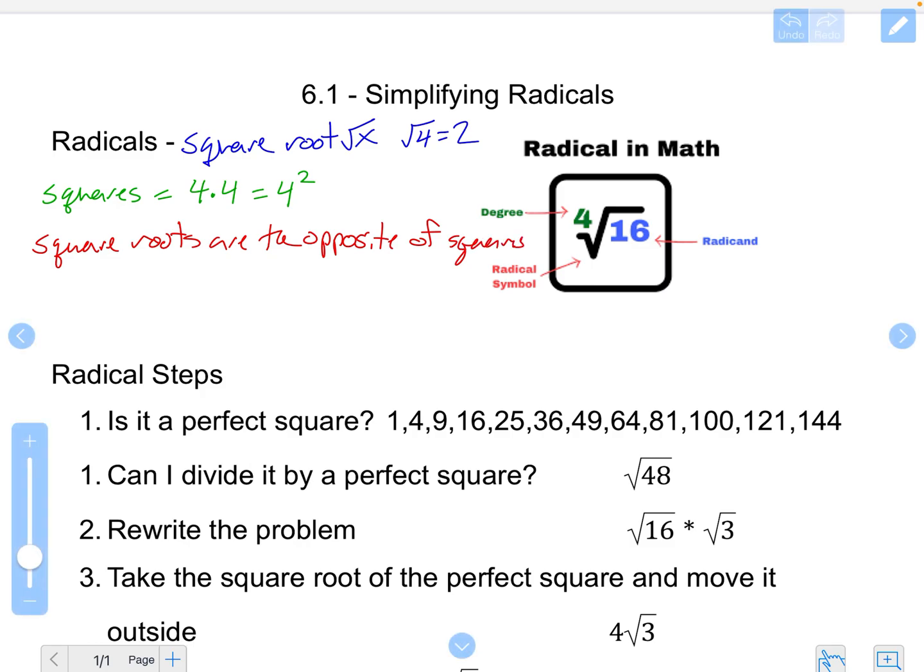If I take the square root of 16, it equals 4 because it's taking away the square. And again, 4 squared equals 16. So it's the opposite operation.